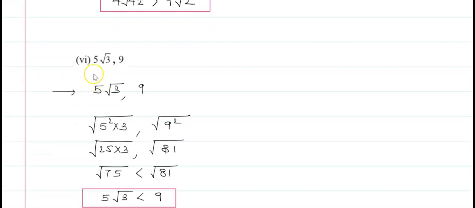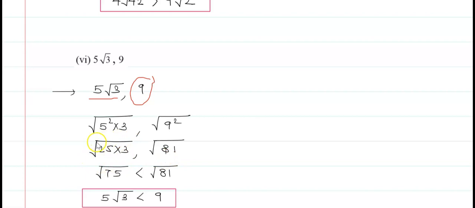Now the next is 5 root 3 and 9. Therefore 5 root 3 can be written as root of 5 square into 3. Now again 9 can be written in the root form as root of 9 square. But what is 9 square? It is 81.